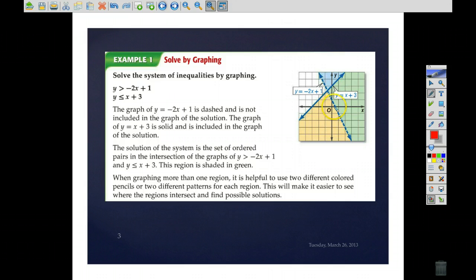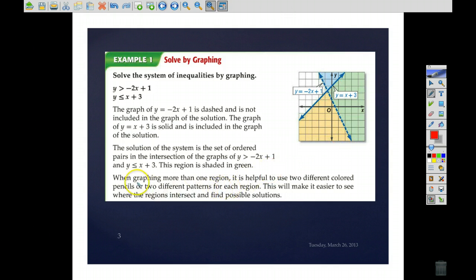And it's greater than, so it's going to be above, so it's going to be this section here. And then y is less than or equal to x plus 3, so it's this side here. And then they overlap in this green area here. So the green area is the answer we're looking for.